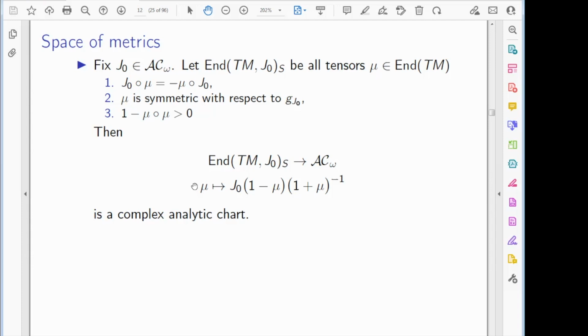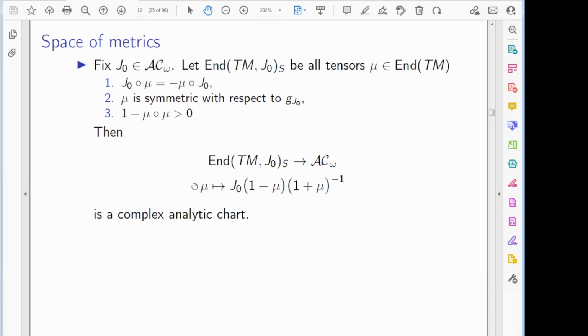And then an almost complex structure can be given by the tensor or the subspace of vectors of, say, type 0,1.